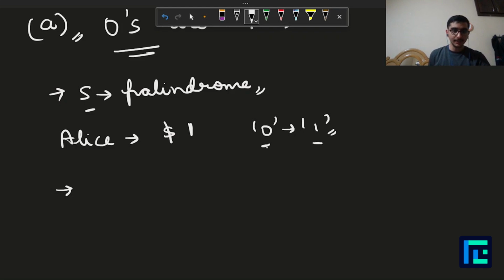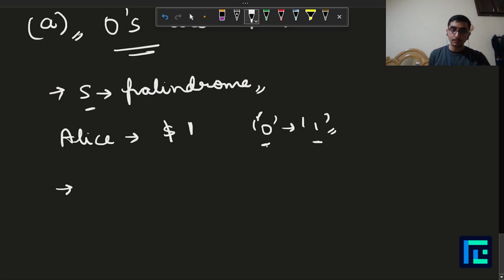Let's first see a case where converting a 0 to a 1 would still keep s as a palindrome. If we think properly, we can say that converting a 0 to a 1 would still keep s as a palindrome only if that converted 0 was present in the middle, right?